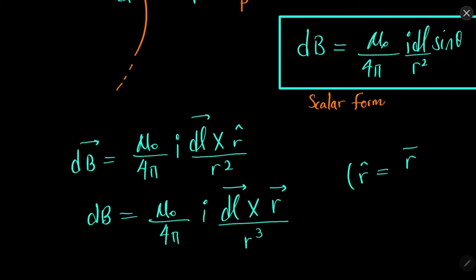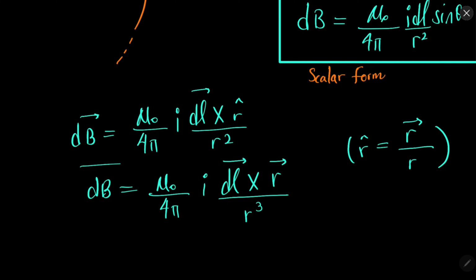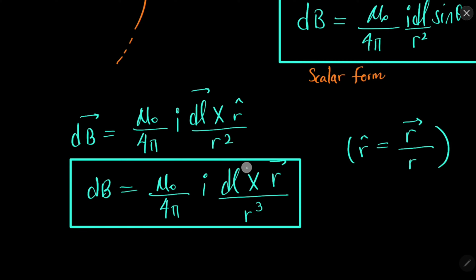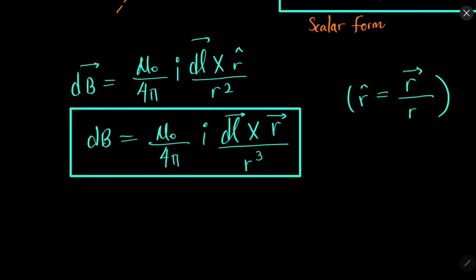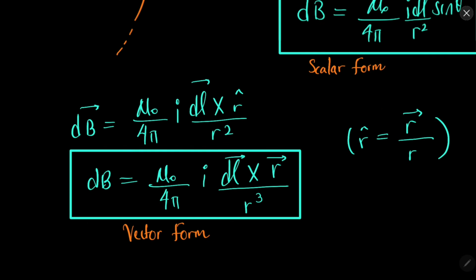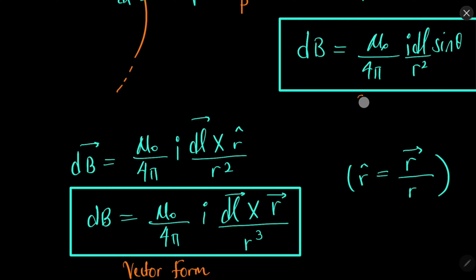Unit vector r is vector r over the magnitude. So this will be the equation in the vector form. This is our vector form of the magnetic field for a straight wire, and this was the scalar form.